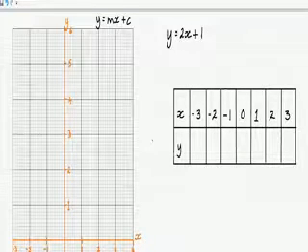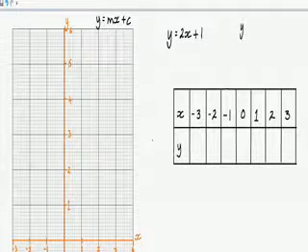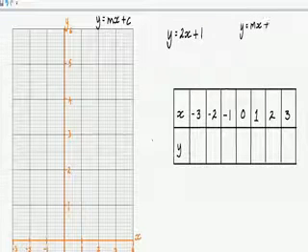Okay, so I thought we'd have a go at graphing straight lines. So first thing that you need to know is that the general form for a straight line is y equals mx plus c.